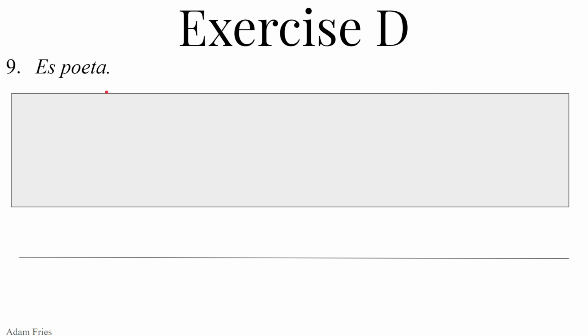9. Es poeta. So es, why, that's that irregular verb again. Sum, es, est, sumus, estis, sunt. So we have es, second person singular. You are, thou art. Poeta.